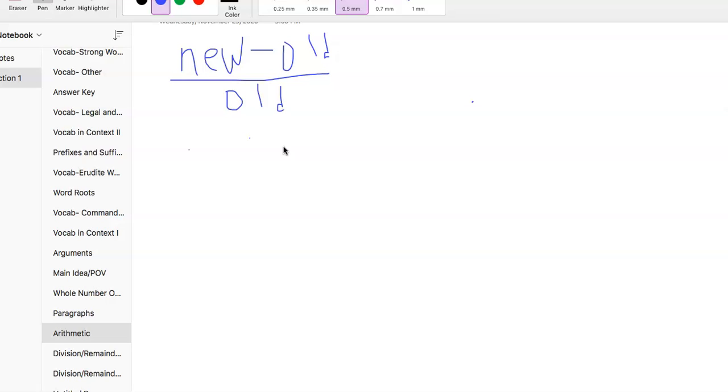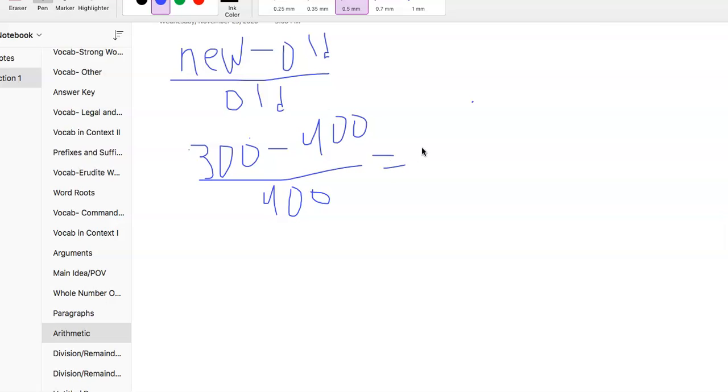So let's do an example. A plane ticket originally cost $400 and now is on sale for $300. What's the percent discount? The new price is $300, the old price is $400, divided by the old price, $400. 300 minus 400 is negative 100, divided by that 400.